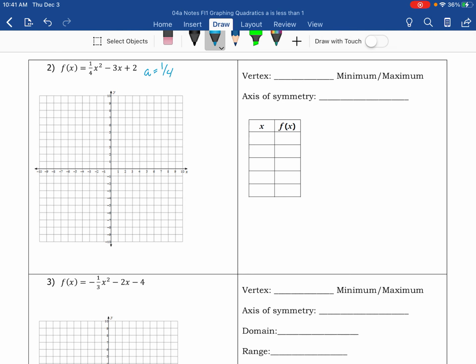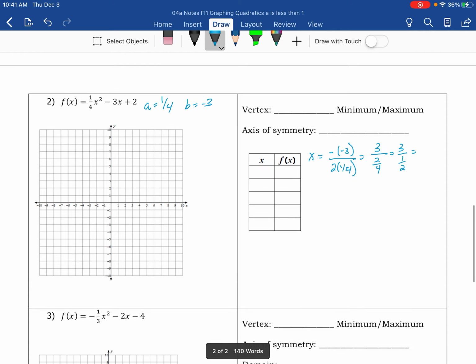So number 2 here, I know my A value is 1/4, my B value is -3. To find my vertex, it's going to be -b over 2a. That's going to be 3 over 2/4, which is 3 over 1/2.